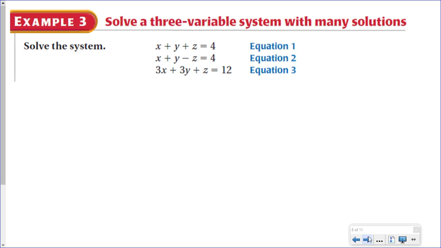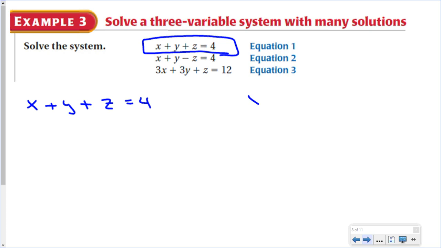Okay. And this is the last one here that I'll do with you guys. We have the easy one is the top one. That's not always the case. It just happened to be on the last two. A little mix and match.